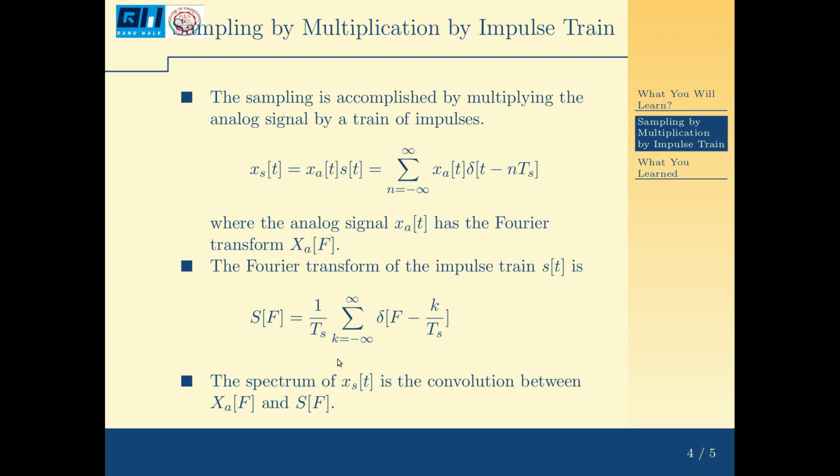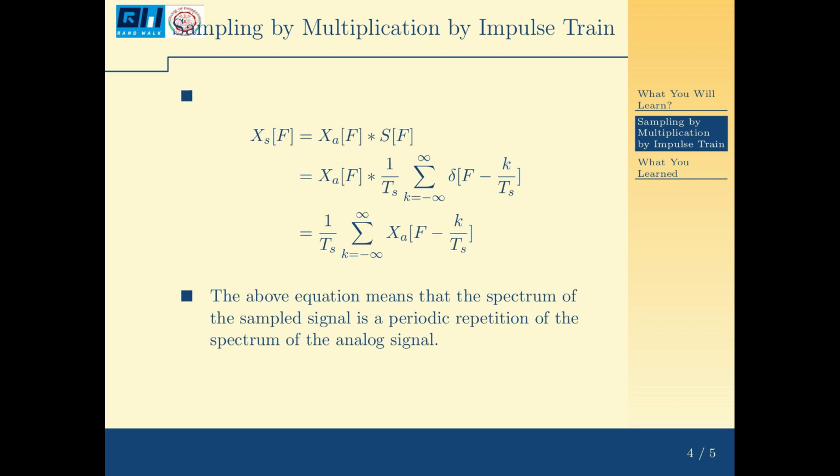A convolution of a signal with an impulse results in the same signal. So Xs(f) is equal to Xa(f) convolved with S(f), that is, Xa(f) convolved with 1/Ts times the sum over k from minus infinity to infinity of δ(f − k/Ts).